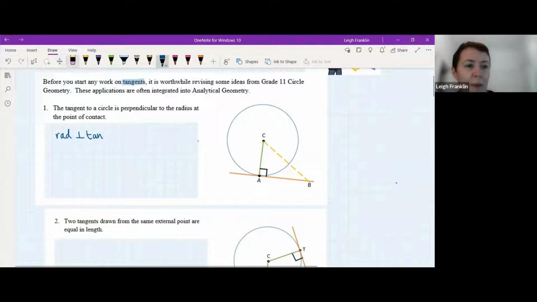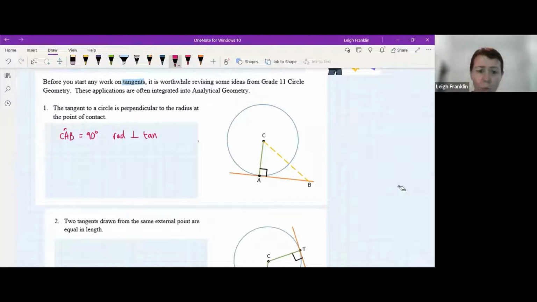Or if you needed to make a statement first, I could say angle CAB equals 90, and my reason would be because the radius is perpendicular to the tangent. So that's one important point.